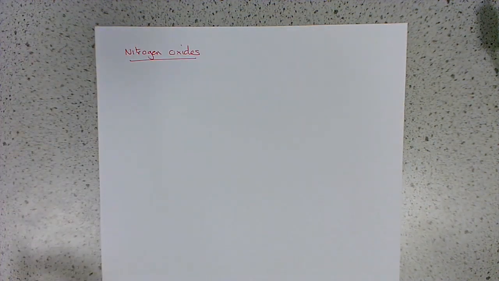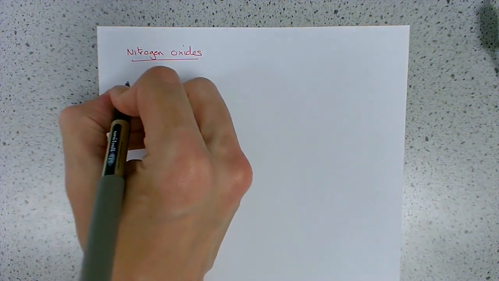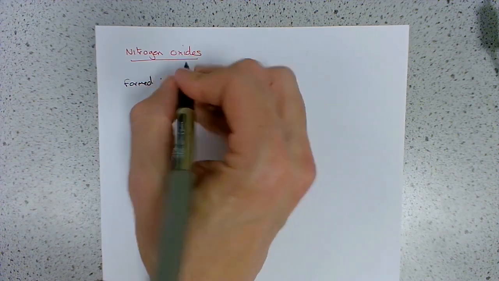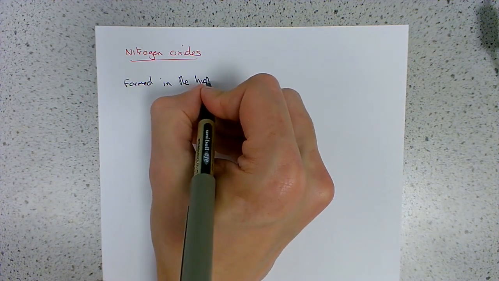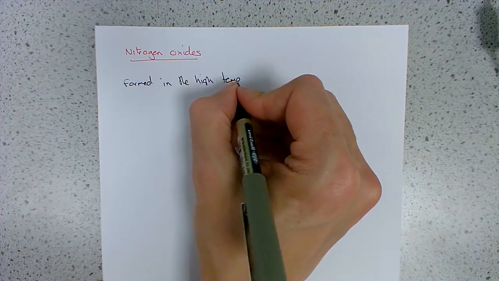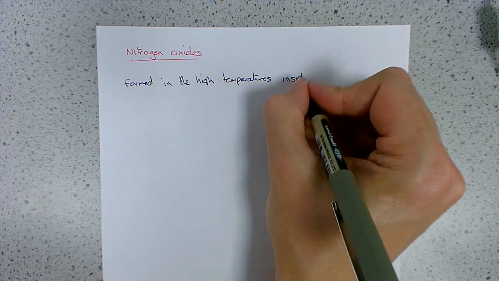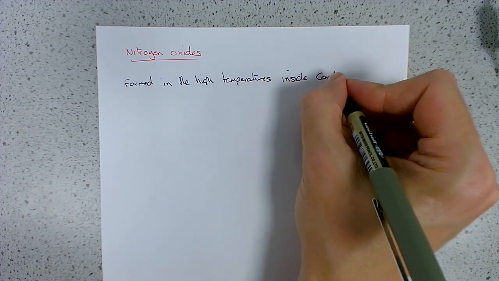Okay, so nitrogen oxides are formed in combustion engines. So they are formed in the high temperatures inside combustion engines, like in your car.